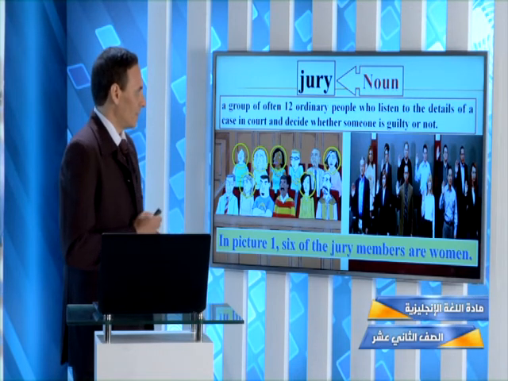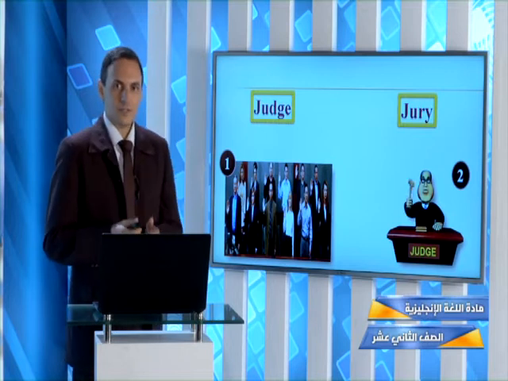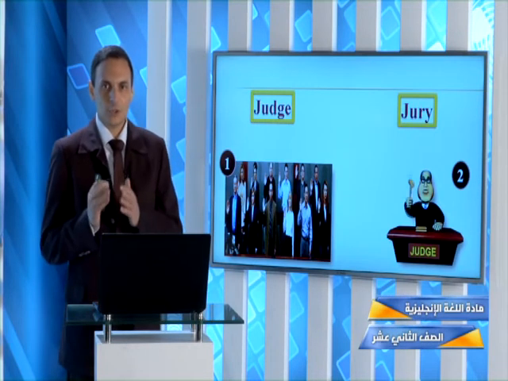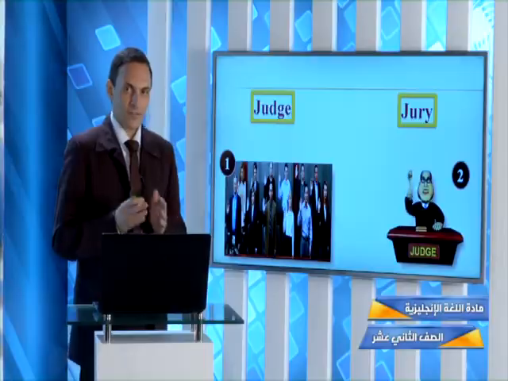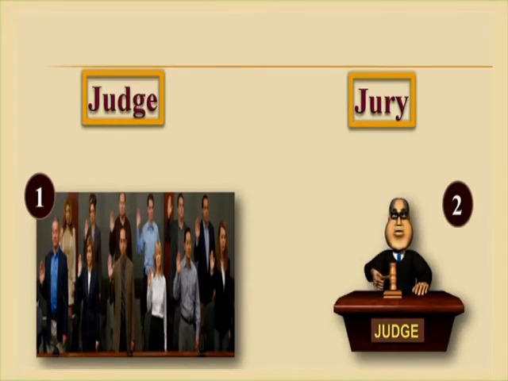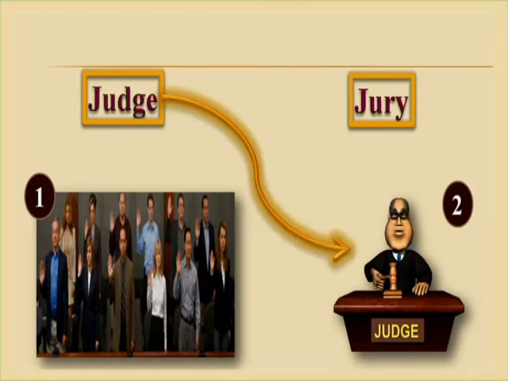Great. Now, many students don't make the difference between a jury and a judge. For this, I make an exercise to clarify things. So, the word judge, is it picture number 1 or 2? Well, it's picture number 2. So, picture number 1 is that of a jury.